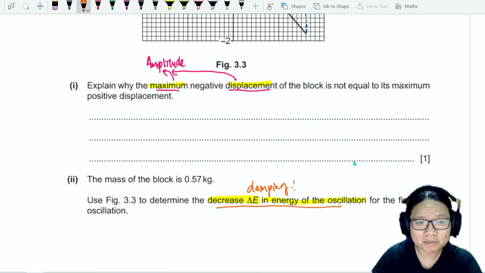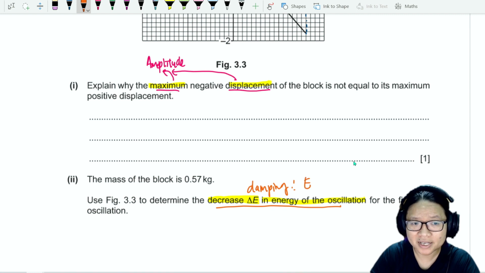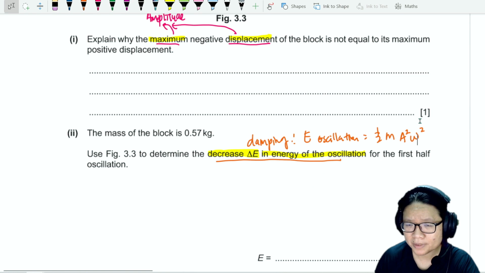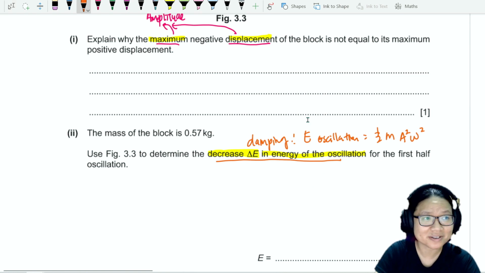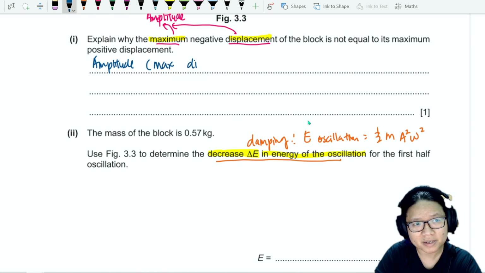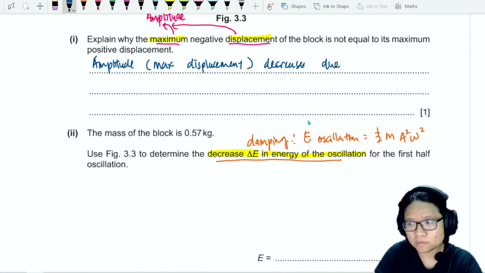Damping here means loss in energy, and the energy of oscillation is equal to ½ma²ω². So the amplitude decreased because the energy decreased due to damping. So I would say something along the lines where the amplitude, aka maximum displacement, decreases due to damping.